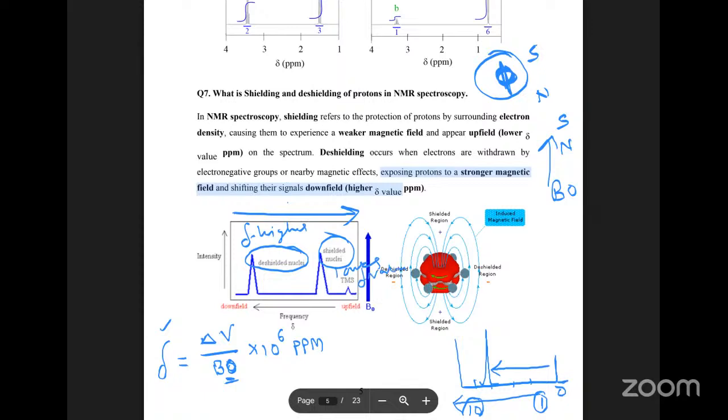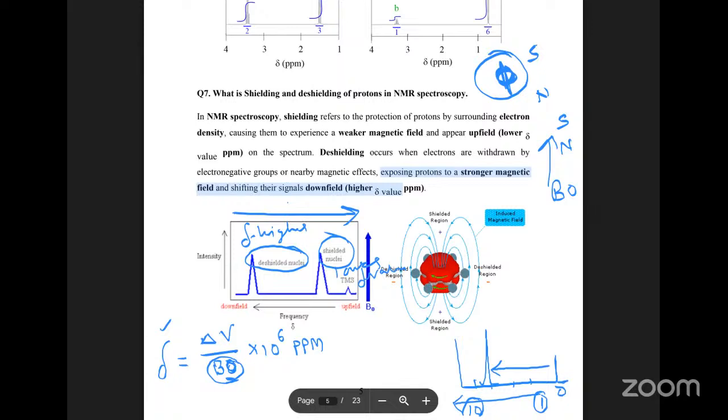Now a lower del value will be shielded, and a higher del value will be deshielded. That means a higher del value requires a lesser magnetic field because of this formula. If the denominator is less, this will be high. This is a straightforward calculation. So shielded protons require a higher magnetic field, they are towards 0, and those away from 0 will be deshielded.